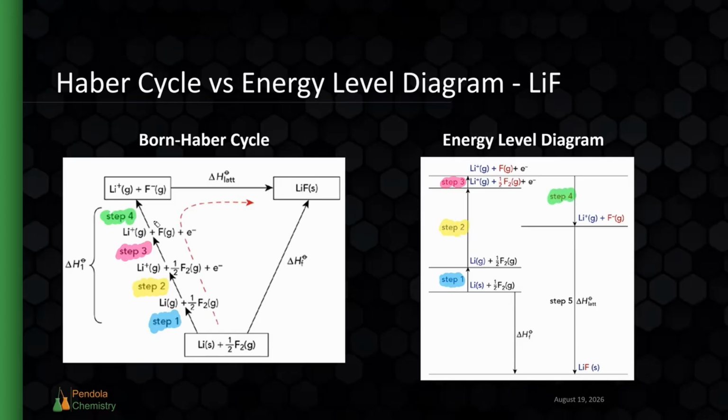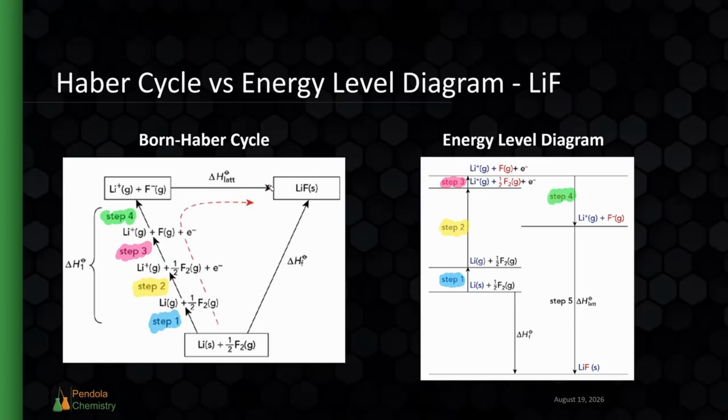But notice, where this one points up just because it's following that Hess cycle shape that we learned last year, this one points down because the delta H of electron affinity for fluorine is going to be negative. And so we have an exothermic process, so it points down.